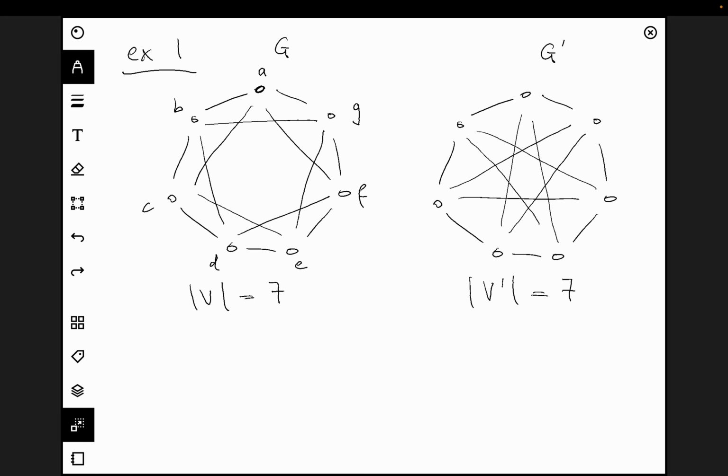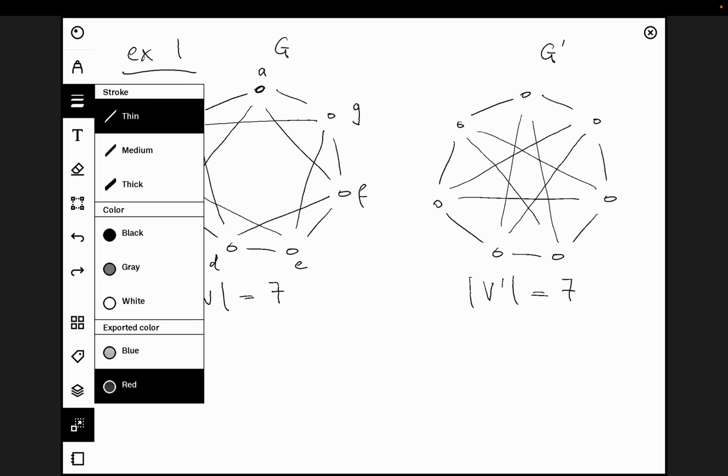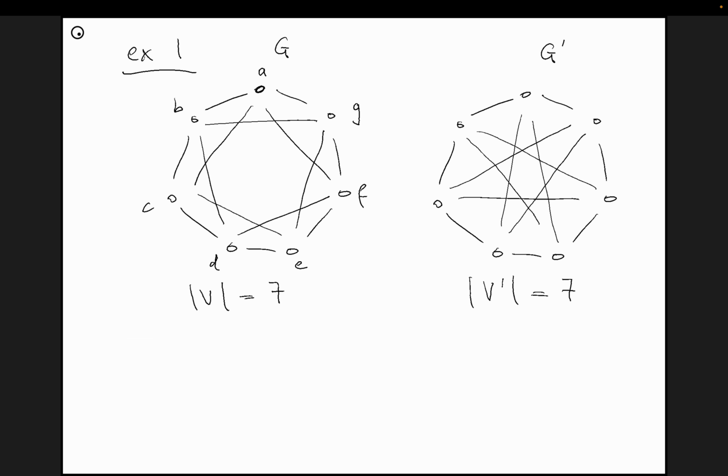So if I now call this uppermost vertex A prime, so here we see A prime is connected to this vertex, to this vertex, to this here, and this here.